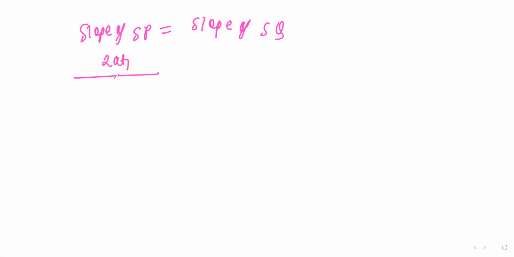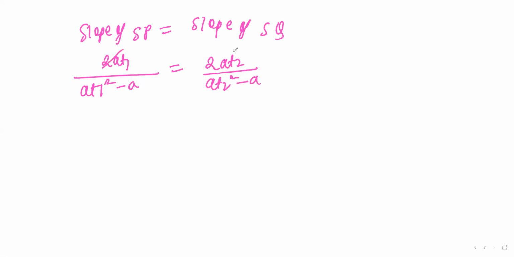See on the next page. Slope of SP is equal to slope of SQ. So it is 2aT1 divided by aT1 square minus a, is equal to 2aT2 divided by aT2 square minus a.